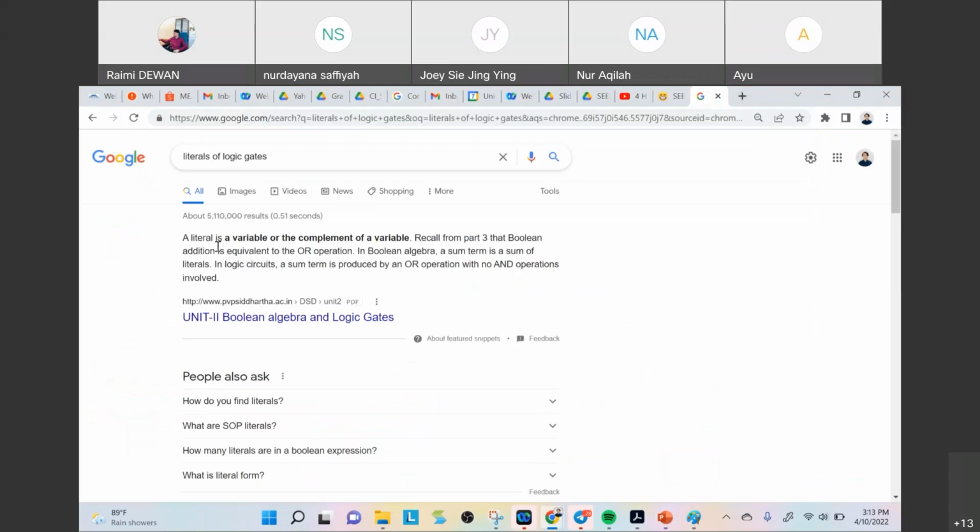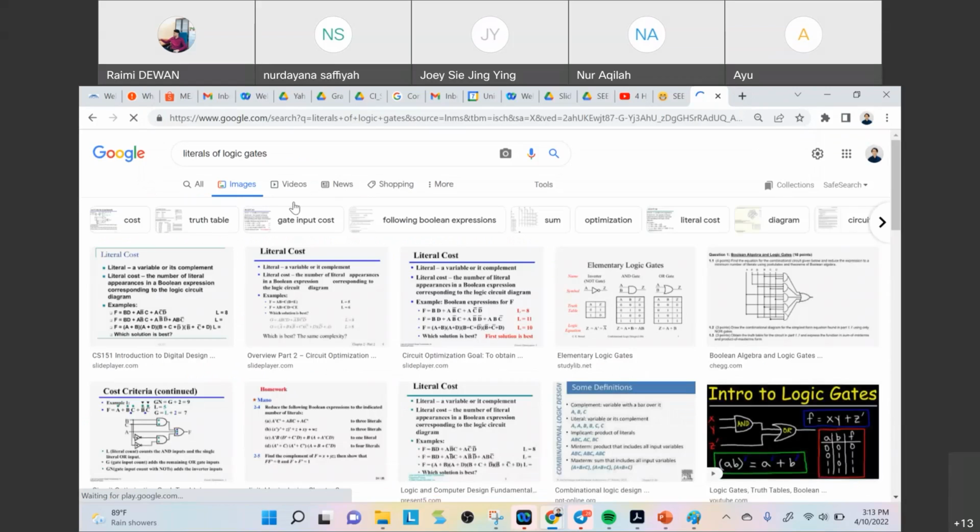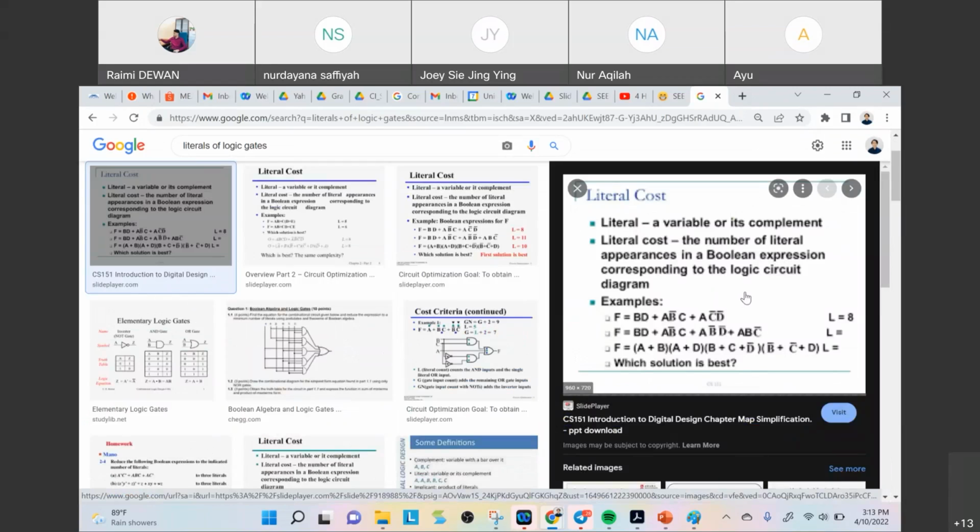Okay, a literal is a variable or the complement of a variable. Recall from part one. So a literal is a variable or its complement, and the number of literal appearances in the Boolean expression corresponds to the logic circuit diagram.